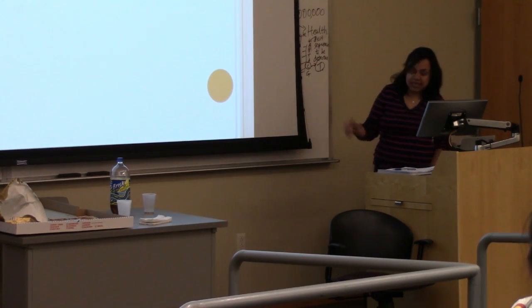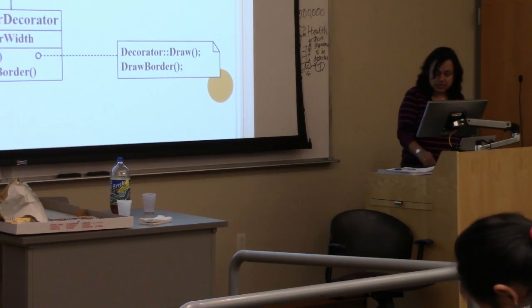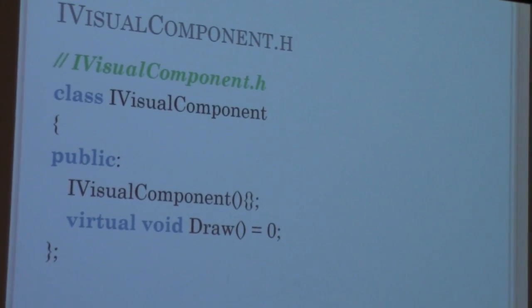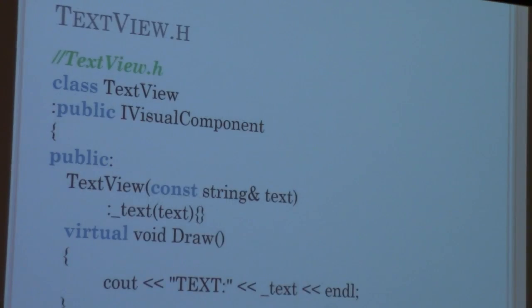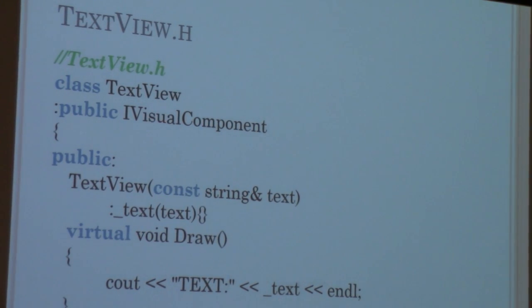Okay, and then basically, what you see in the ensuing slides is the implementation for this. So you have your iVisual component, which is the abstract class because of the presence of the pure virtual method. You have the text view, which, as we said, uses public inheritance, right? So it's a specialization of the iVisual component and has your draw method, just like a stub of a method.